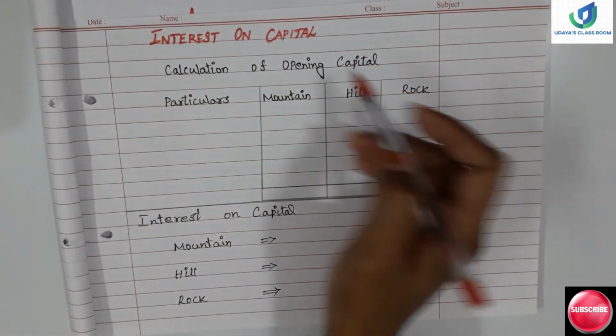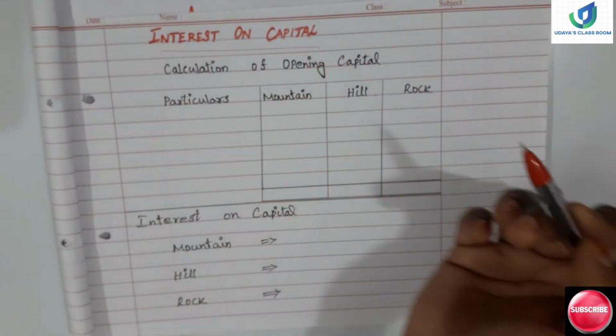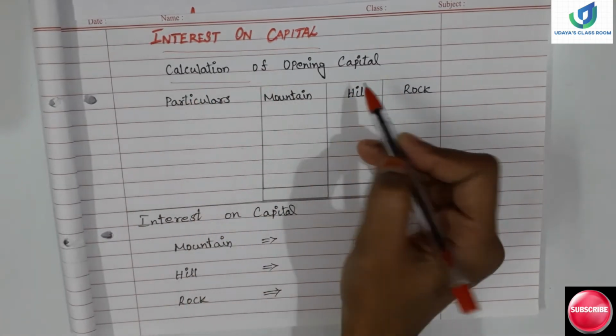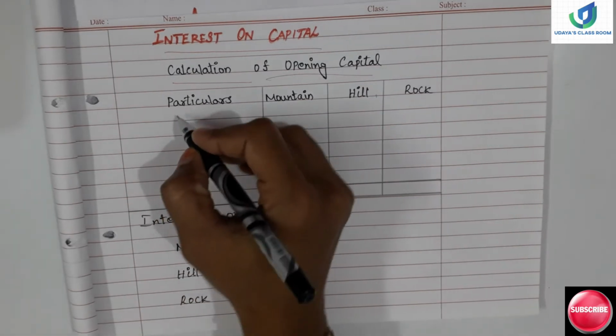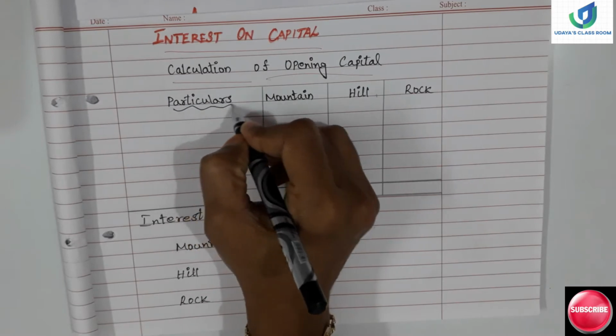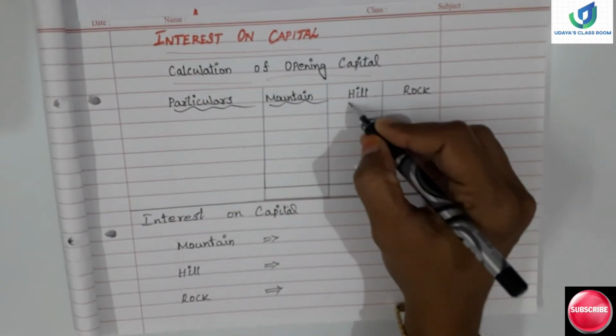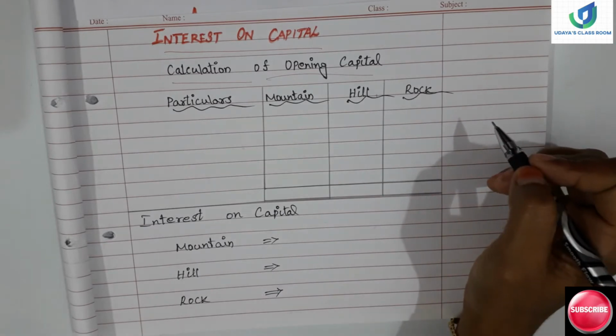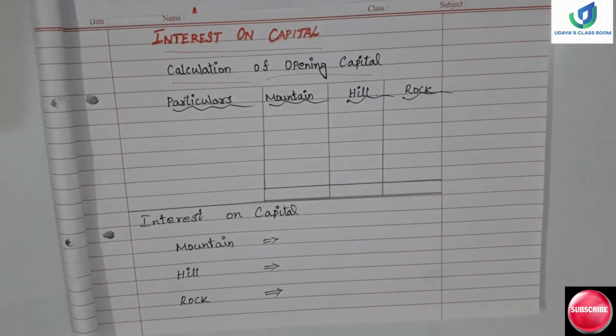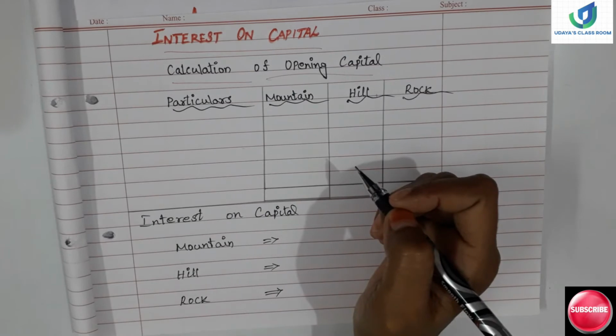Already the format is ready. Interest on capital, calculation of opening capital. The format I have written already. Particulars, Mountain, Hill, Rock. So with the closing capital, we have to find out the opening capital.